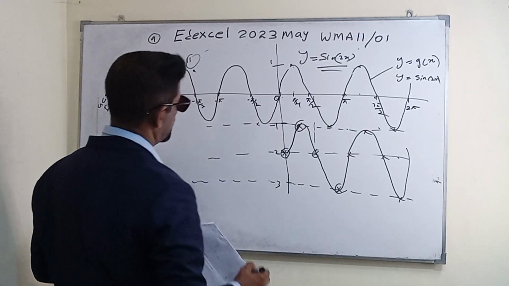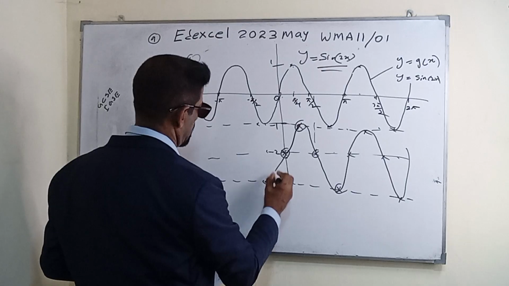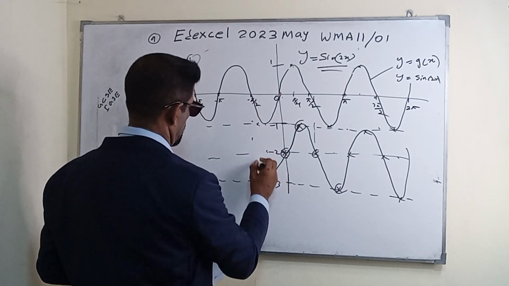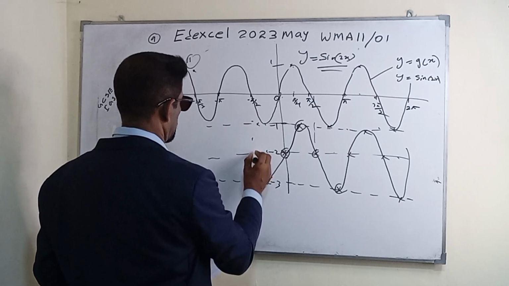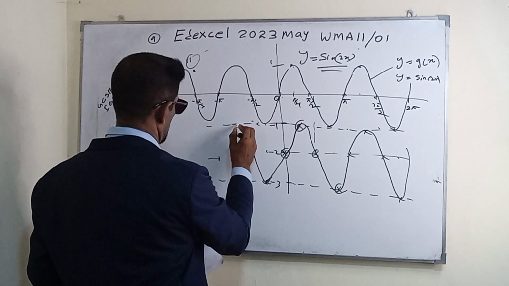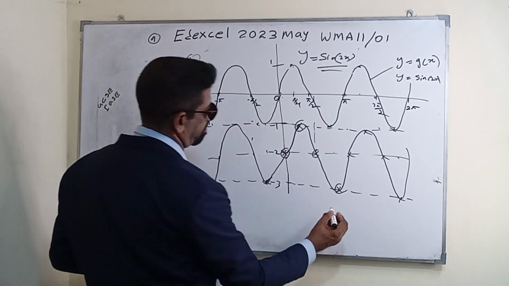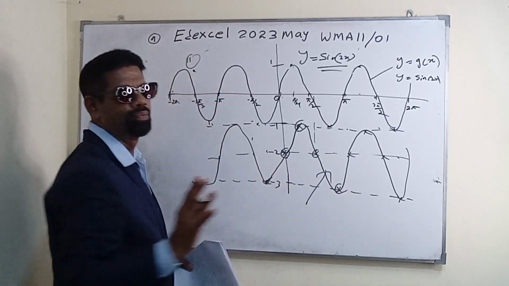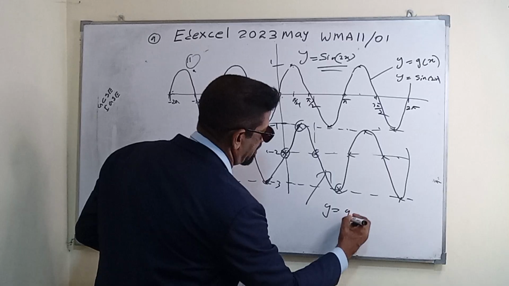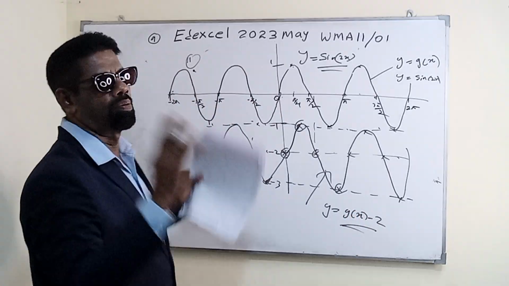Other sides also. Now these points come like this, and this point like this. I think you understand the graph. So y equals g(x) minus 2. That is the way, this is a transformation graph.